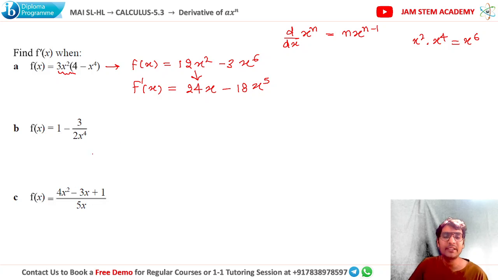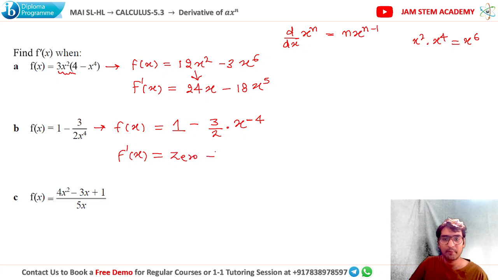So sometimes we need to simplify the expression. Convert it again. We have f(x) equals 1 minus, no need to take LCM, simplify it, 1 minus 3 over 2, and rewrite that x to the power 4 as x to the power negative 4 in the numerator. Now that's your function, so you can apply the derivative rules. The derivative of a constant number is 0.